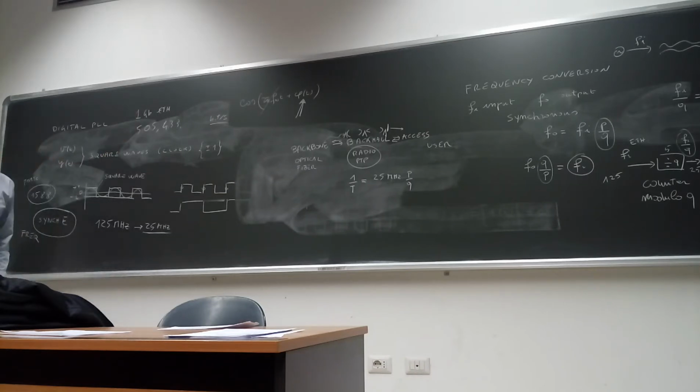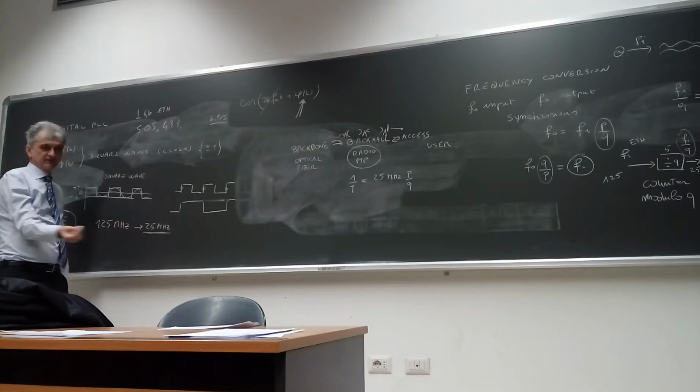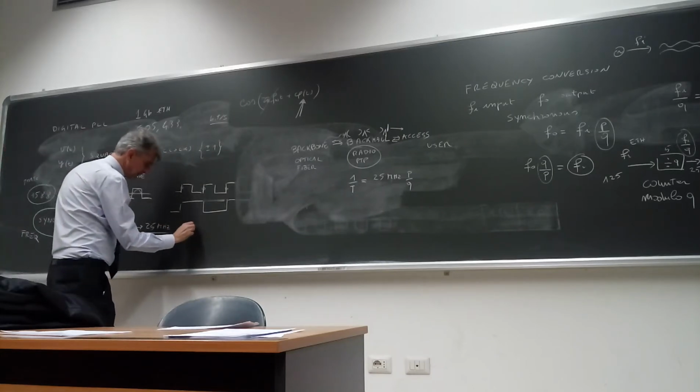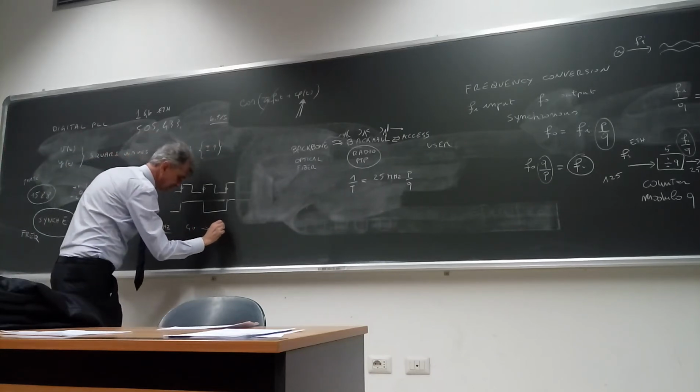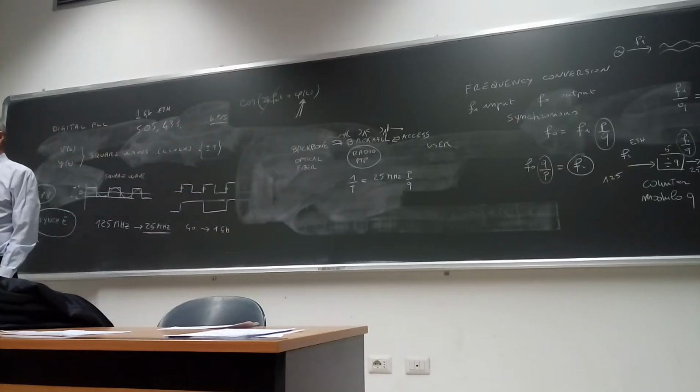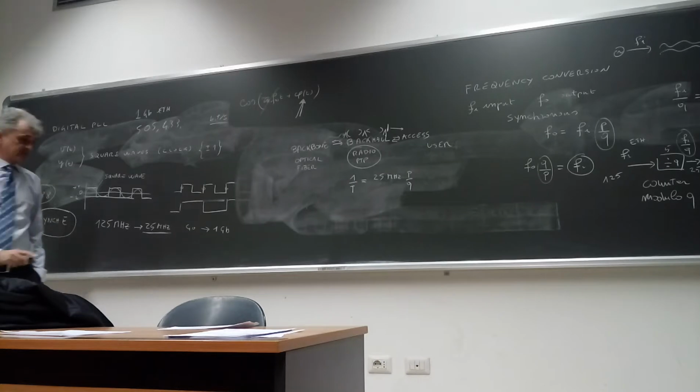We must have 1 giga time slot per second. But this means that we must have also a sinusoid at 1 gigahertz, or a sinusoid at 25 megahertz that multiplied by 40 gives you the 1 gigahertz, sorry.